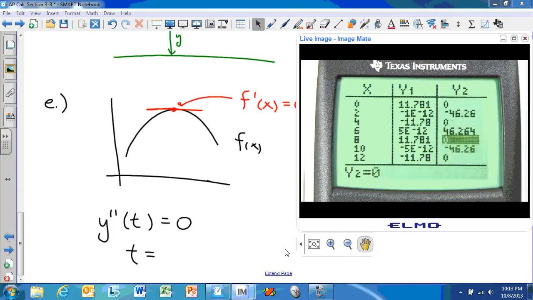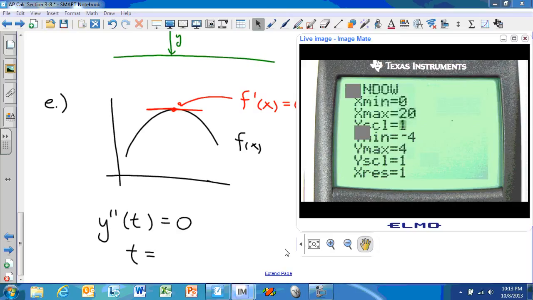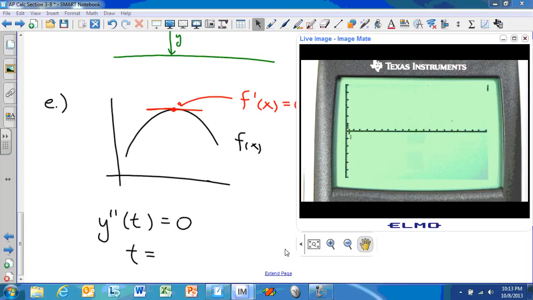That's what I want to actually track there. So let's go to our window, and it looks like if I go from something like negative 60 to 60, that seems like it will be a decent window of this. We'll see how decent it is. So there's our original function.